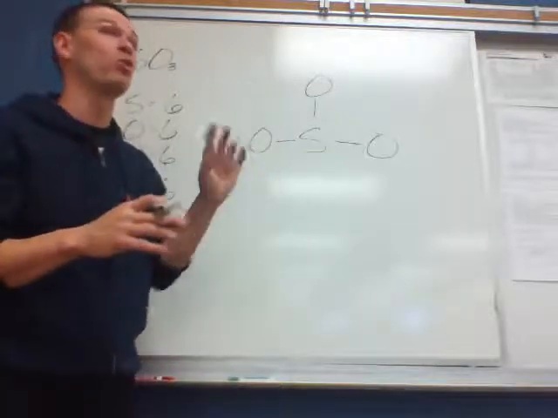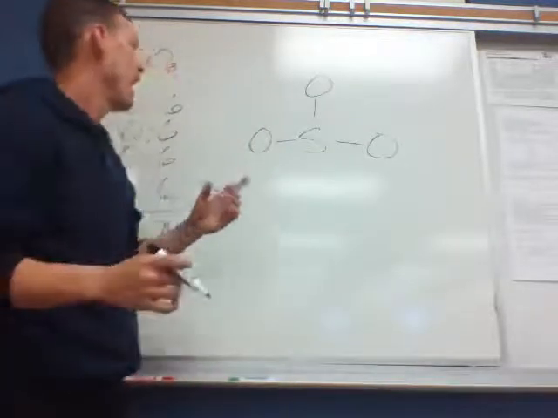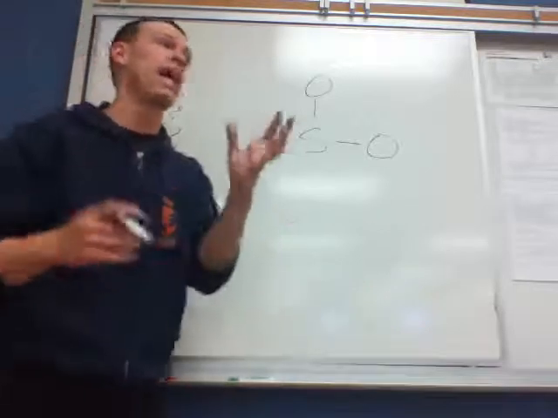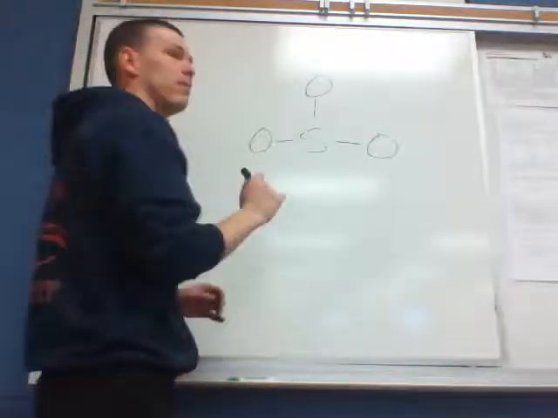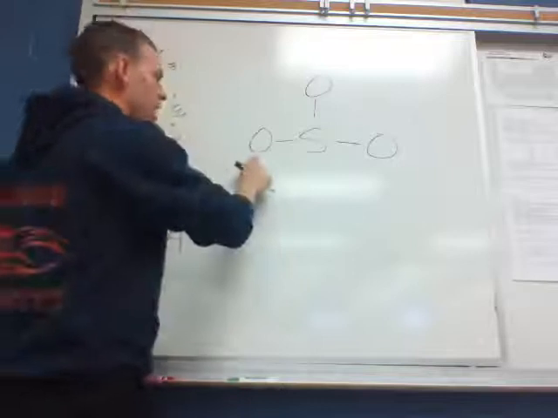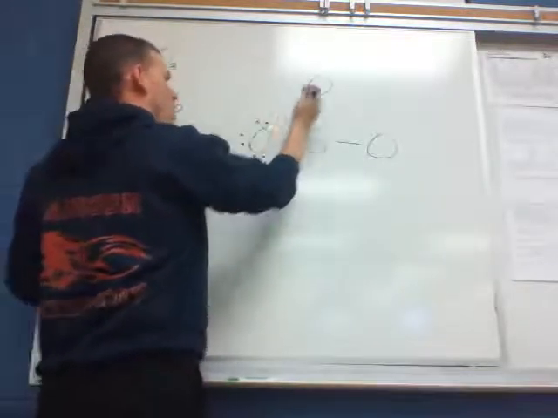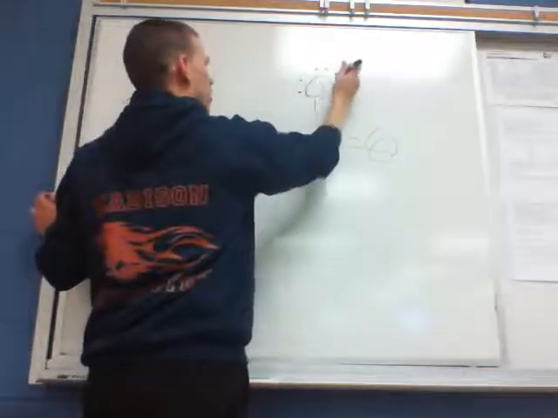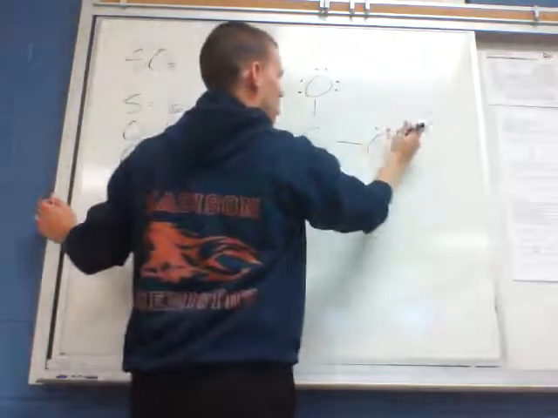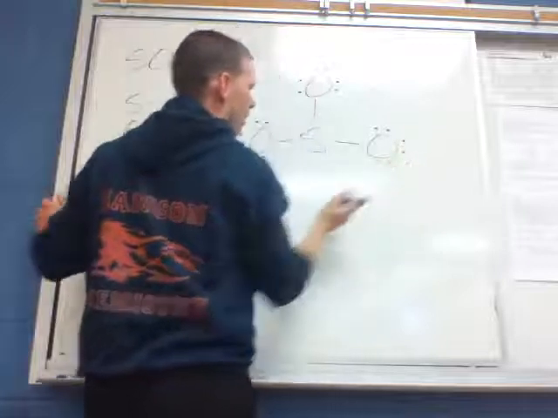Nothing is. There's no hydrogen, so 2 is not good anywhere. And nobody has 8. So, again, pencils are your friend. Make everything happy. All right, this oxygen only has 2, so I'm going to give him 6 more. All the oxygens are in that situation. So I'm going to add a bunch of dots just to make everybody happy.